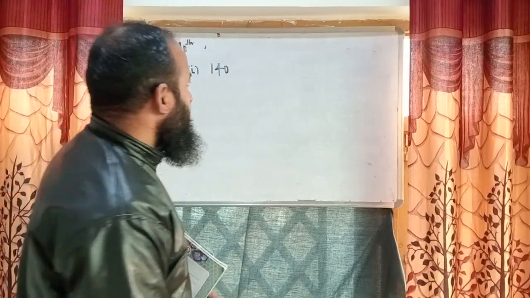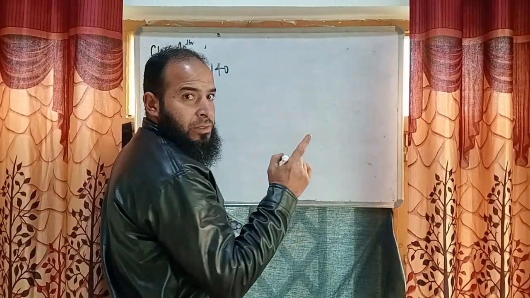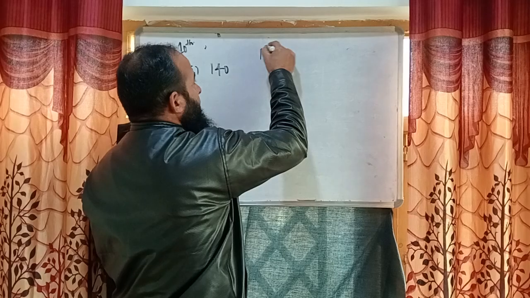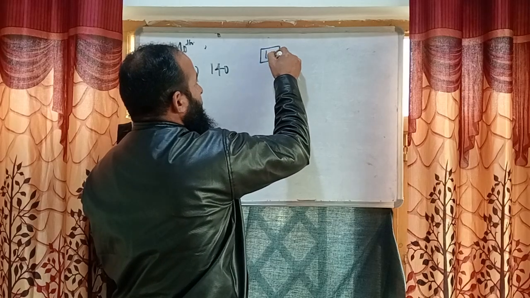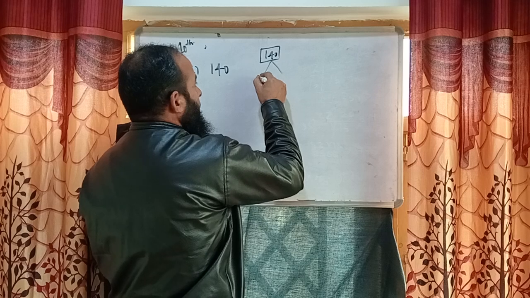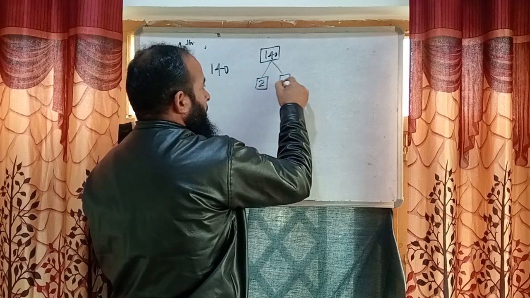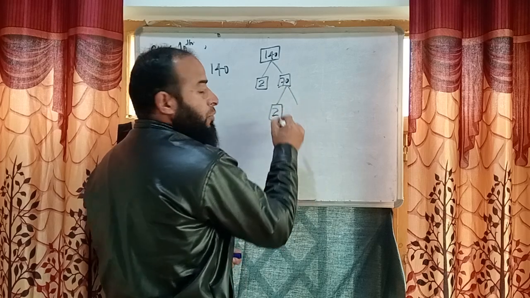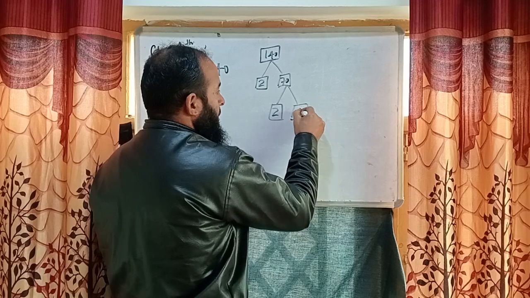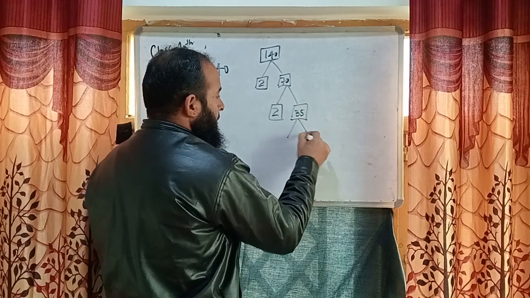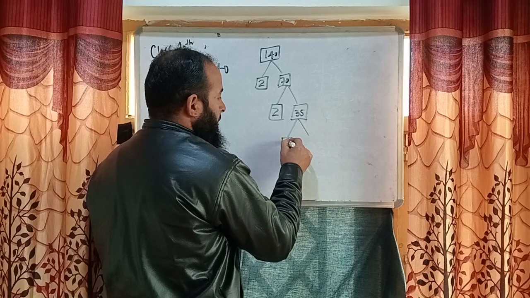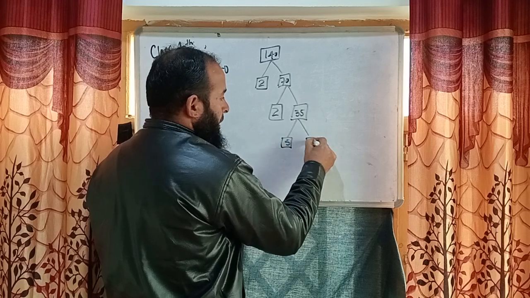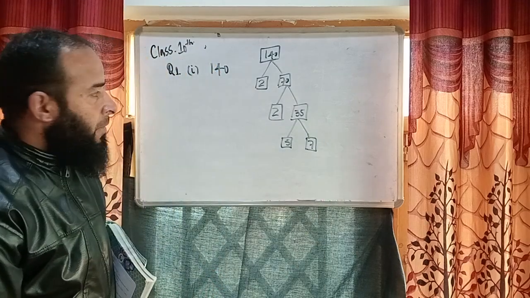We can solve it by either the division method or the tree method. Let's see, we will use both methods here. It is 140, it is 2 into 70, and for 70 we can use 2 into 35, and for 35 we can have 5 sevens are 35.